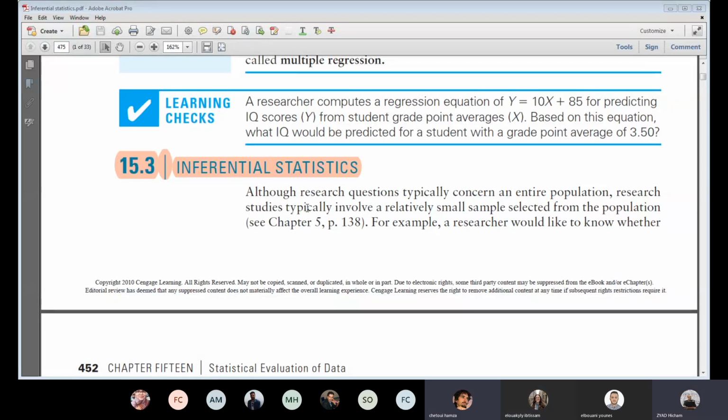Look. Okay, you can open the chapter on sampling, and you go to page 98. Go to page 98.